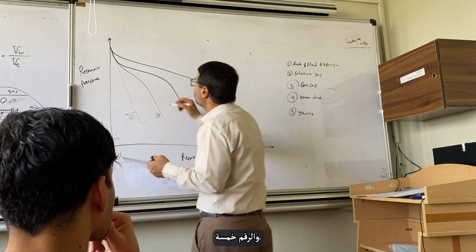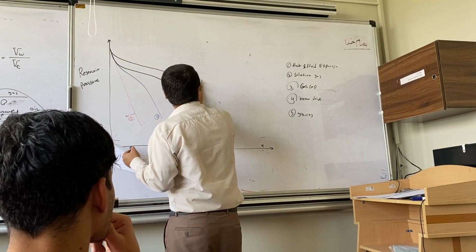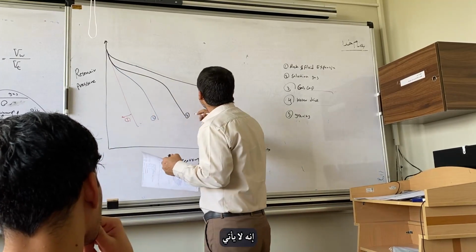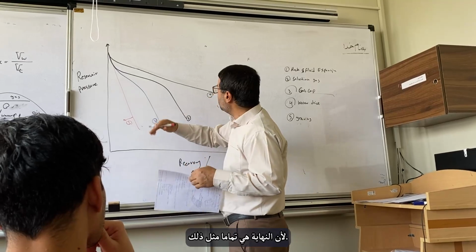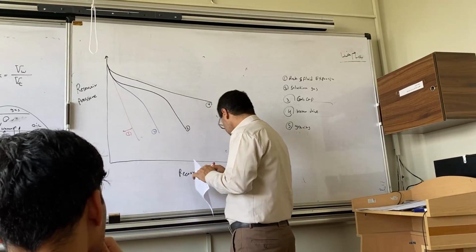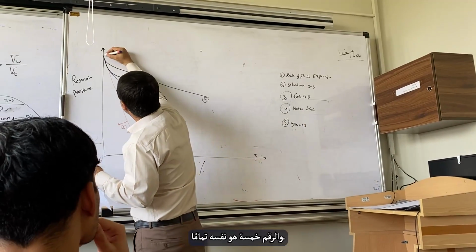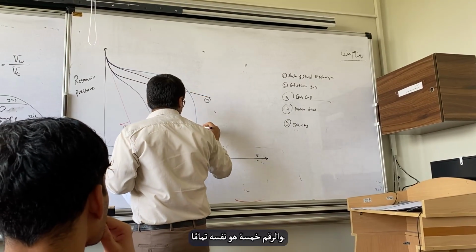And number five. So number four is not like this because its drive mechanism is like this. It doesn't come down because the energy of the aquifer will be here. And number five, which is the last one, is exactly the same.